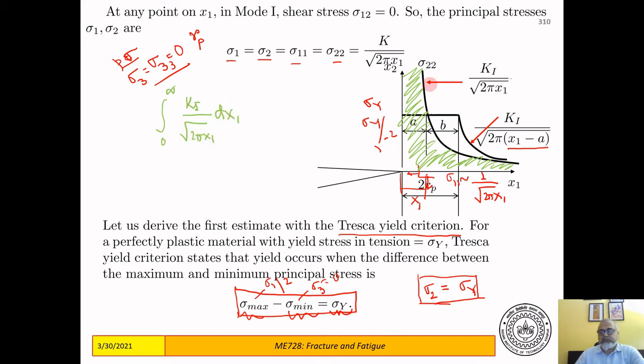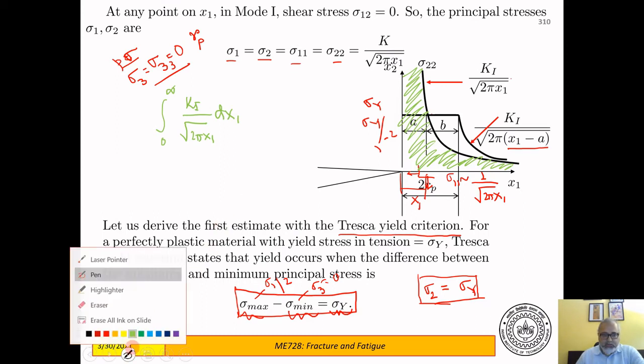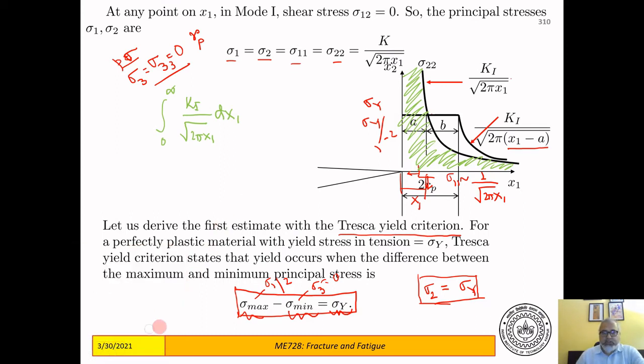This is the green area. This has to be equal to the blue area, let's say, which is this area, and that will be equal to firstly this rectangle, which is sigma y times (a plus b), and then the integral from a plus b to infinity of the K1 term.